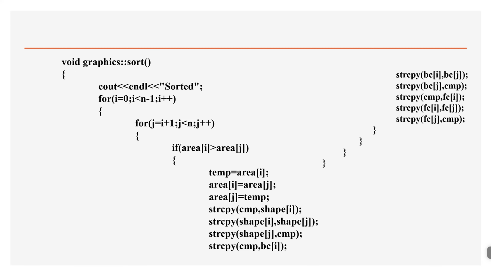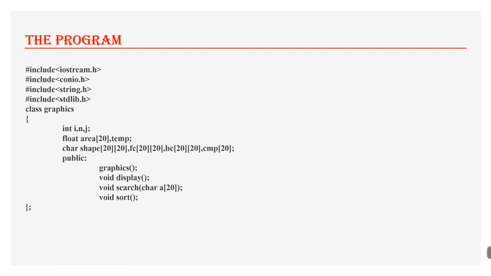So altogether, I'll just quickly go through. Here I'm creating a class called graphics, wherein area I'm reading, then shape I'm reading. It is an array of shapes, array of foreground colors, array of background colors, then one comparison, that is the area.